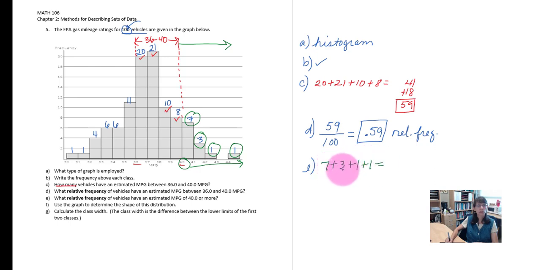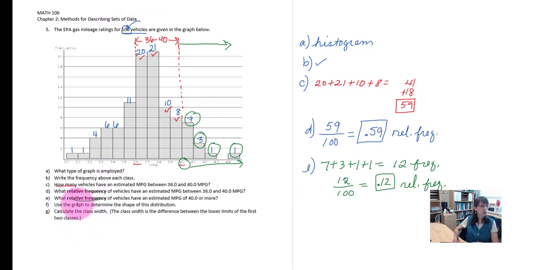So 7 plus 3 is 10. 2 more makes 12. So 12 is the frequency, but it's asking for relative frequency. So now I need to take 12, divide by the total of 100 vehicles to get 0.12 is the relative frequency. So 0.12 is our final answer.